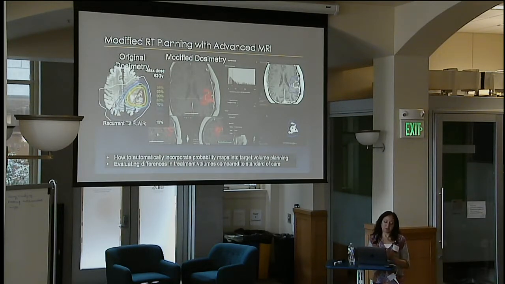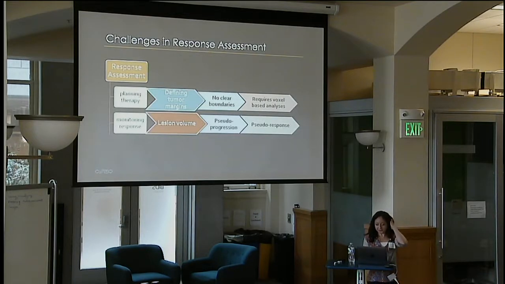So the goal is to have a modified dose that includes the area where recurrence ends up. We created our initial prediction maps using just statistical modeling, but we want to use more of the features represented in the whole tumor to do deep learning for these analyses.